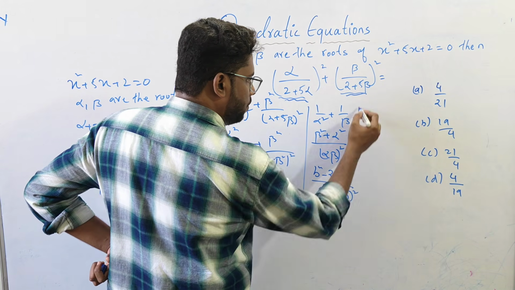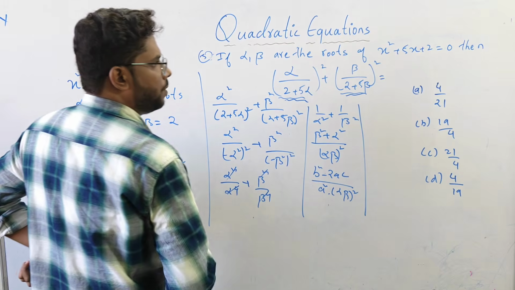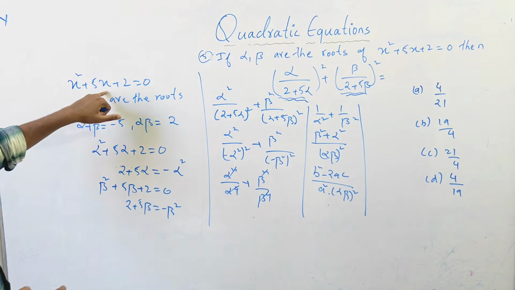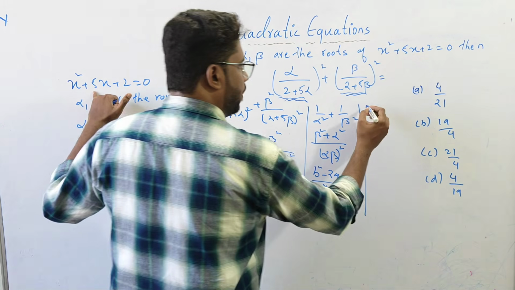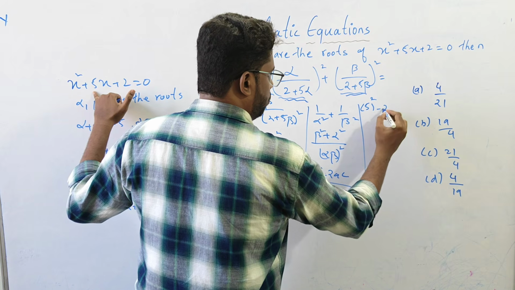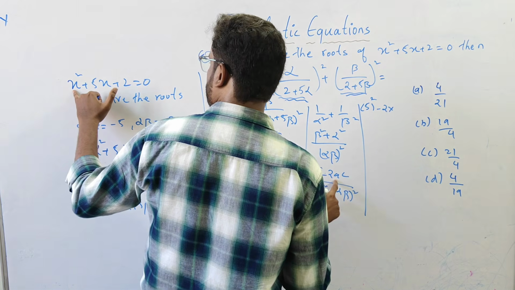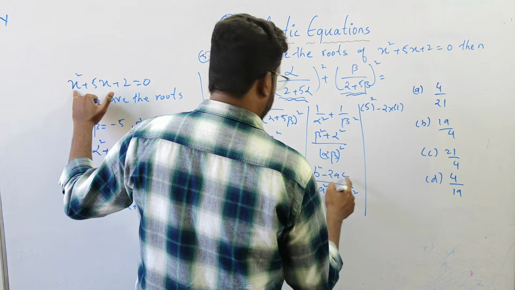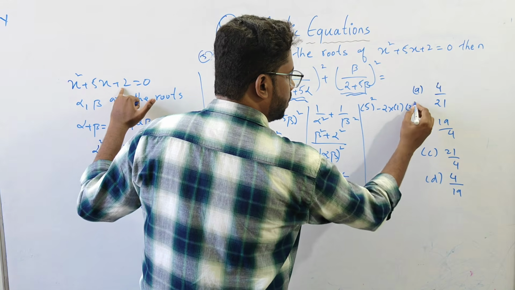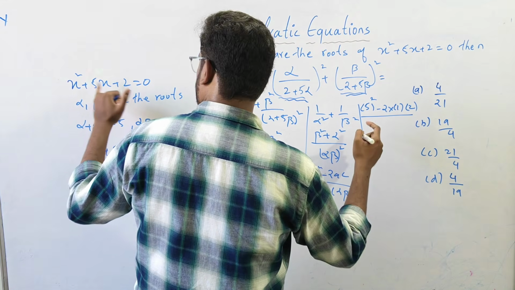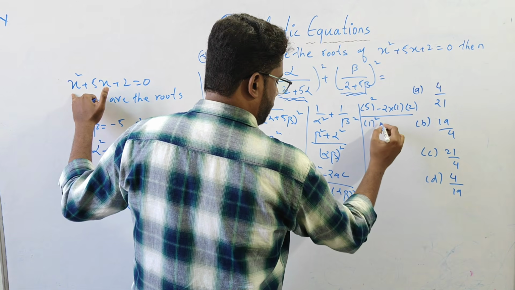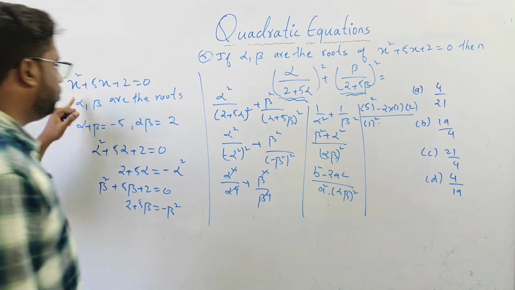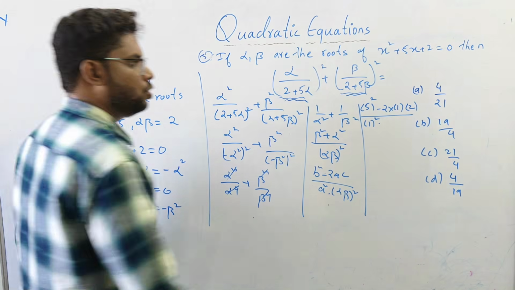Now substitute the values. So what we will get? b square, b is the coefficient of x, that is 5. So we get 5 square minus 2 into a, the coefficient of x square, that is 1, c the constant 2, divided by a square, that is 1, over alpha beta whole square, where alpha into beta is c by a, which is 2.